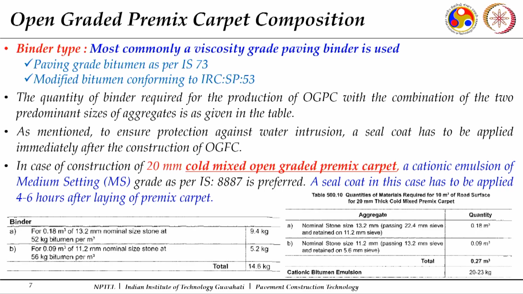Now, this is for the aggregate part. What about the binder? For open graded premix carpet, it says you can go with the paving grade binder as per IS 73. You can go for a modified binder also as per IRC SP 53.